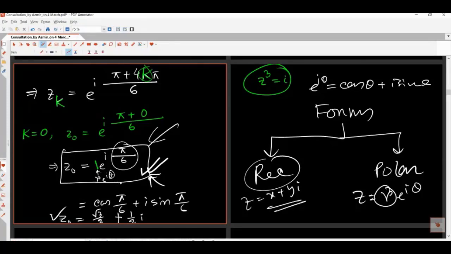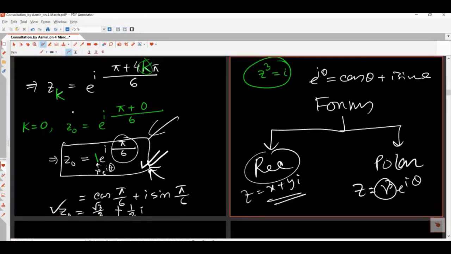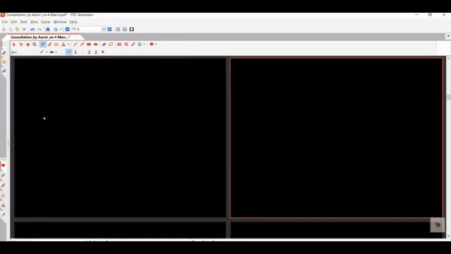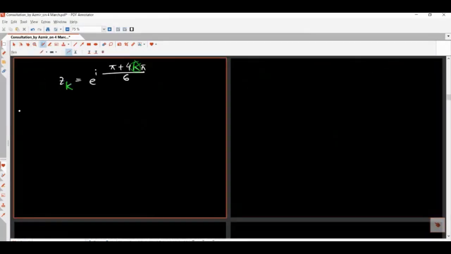Similarly, we can find the second and third solutions if we input k equal to 1 and k equal to 2. So let's input k equal to 1. Then we are getting z1 equals e power i (pi plus 4 pi) over 6, which is e power i 5 pi over 6. So this is our second solution.